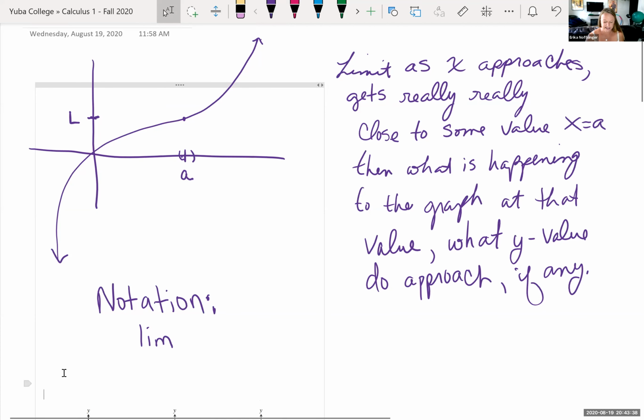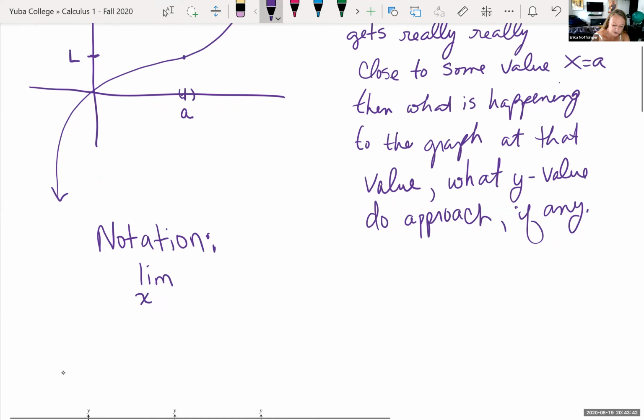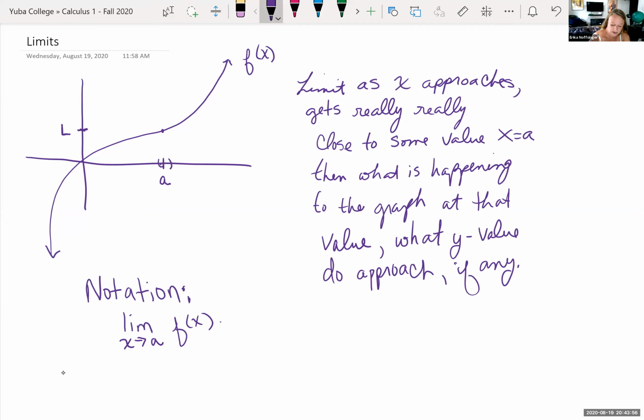Like our last example, we were talking about time, so we would have used t there for the horizontal axis. But x is approaching a of whatever your function is called here. So maybe this function is called f of x. It could be called g of x. This is equal to L.